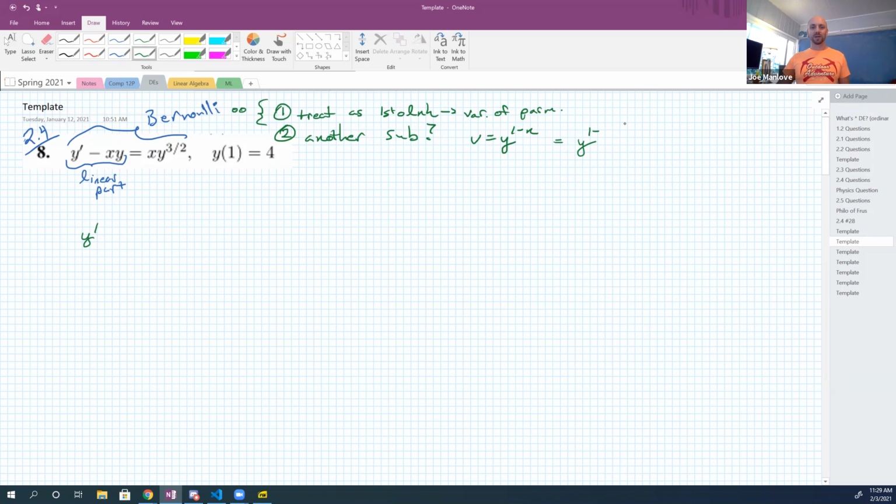Oh, you're looking at an example. Yeah, I see it's v prime equals 1 minus n times y. So in this case, the n that they're talking about is 3/2. So in my case, I'd guess 1 minus 3/2 here. Got it. Yeah, this is the solution that every DE calculator I've seen online seems to use.